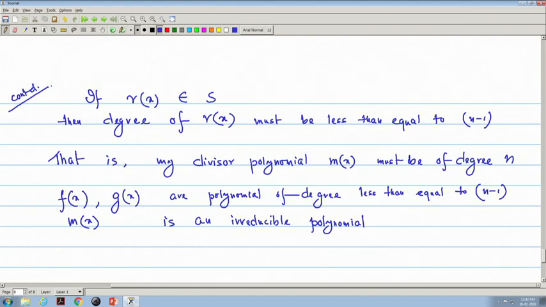So, m(x) is an irreducible polynomial of degree n.